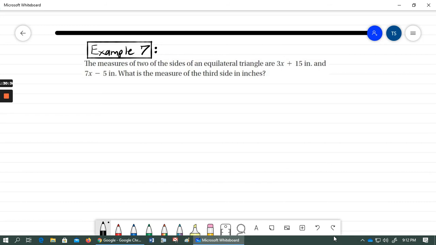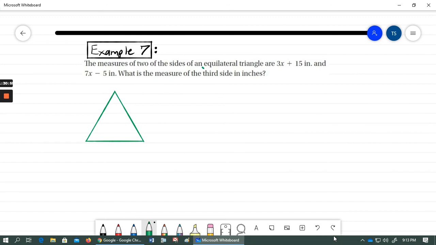Hence a word problem, right? All words. If you wanted to draw out a diagram, you could, especially if you're more of a visual type of person that needs a little visual aid.